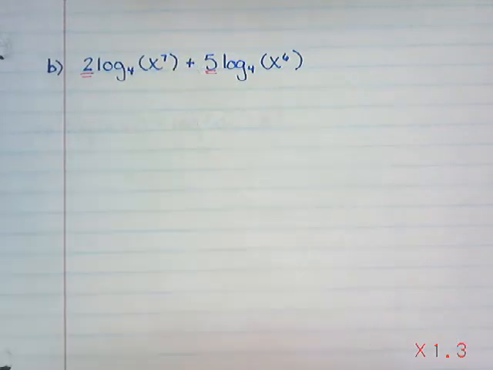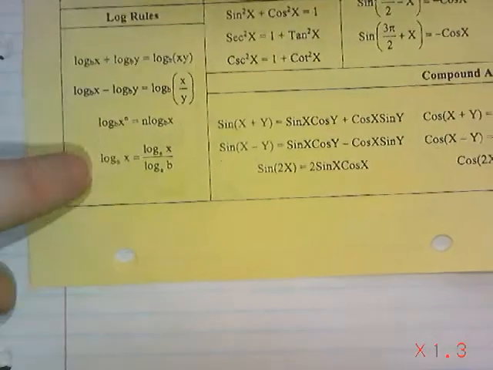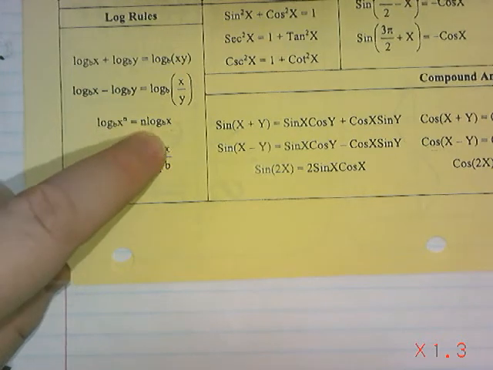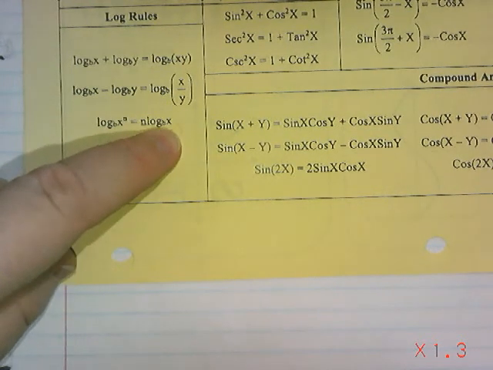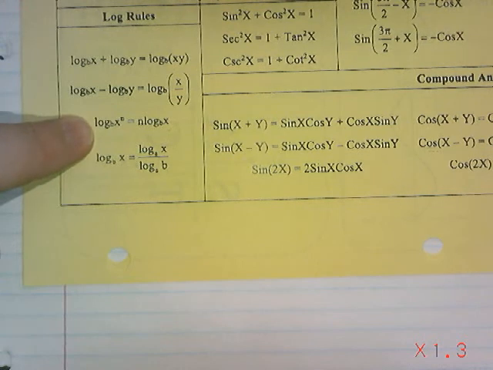So we are going to use the rule that says log base b of x to the n equals n times log base b of x, except we're going to use the rule going backwards. We currently have a number being multiplied out front, so we are going to bring it up and make it an exponent on our argument.